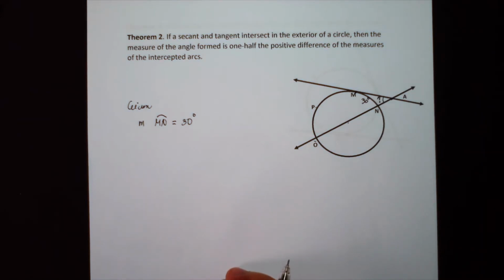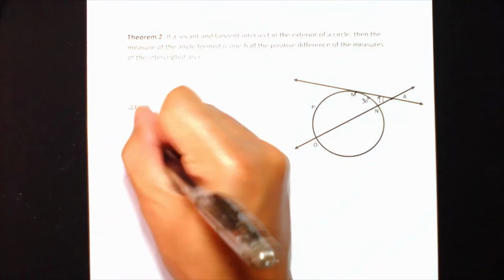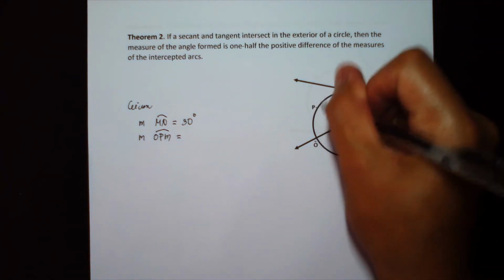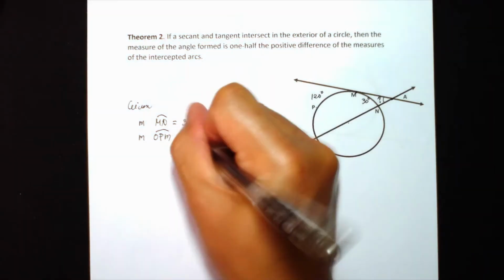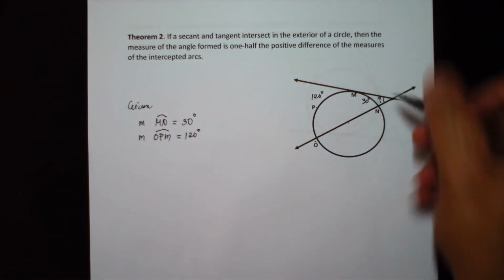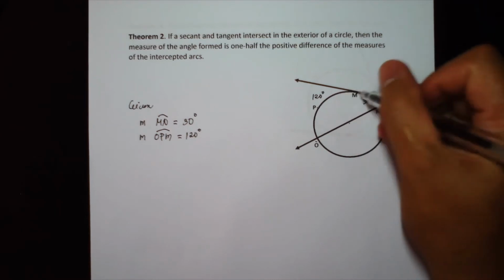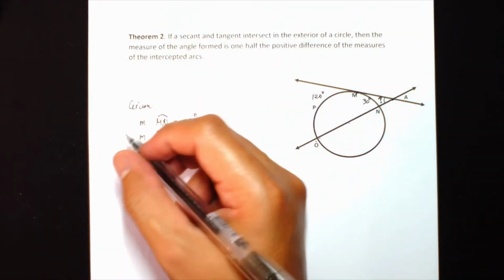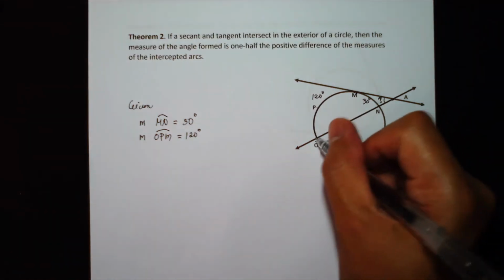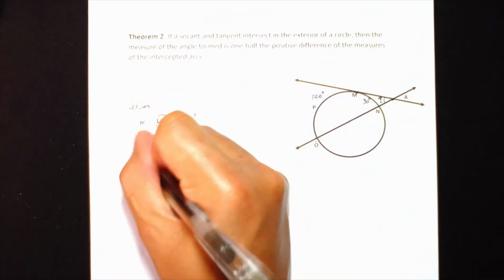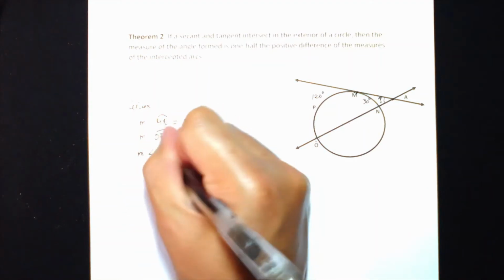And the measurement of arc OPM will be 120 degrees. Now what is the measurement of angle OAM? Or we can also name it angle MAO. Sorry, what is the measurement of angle OAM?